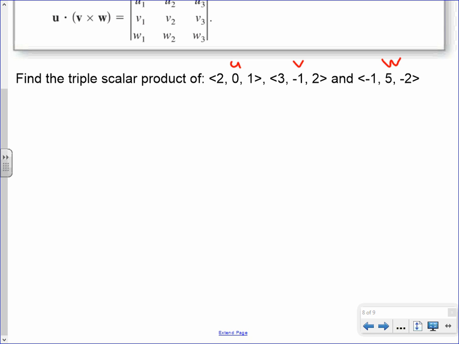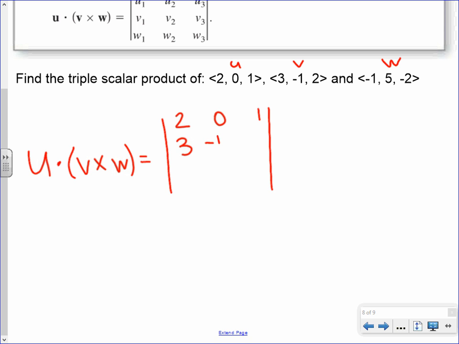Go ahead and put names on them. So our triple scalar product, we're going to go ahead and put these into the matrix. So we'll put U in the first row, V in the second row, and W in the third row. Makes it nice because we have all numbers. There's no i, j, and k.